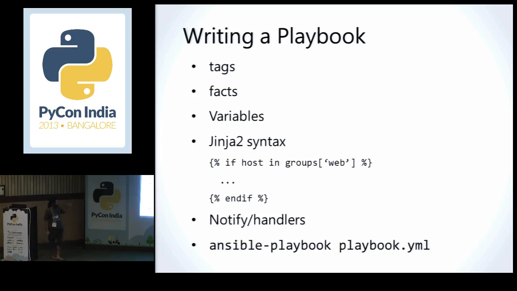Jinja 2 syntax is what you could use to replace your variables inside your template files, and you can notify handlers. I think it's better explained with an example, which I'll do a little later. Last one is the command to run your playbook when you want to execute it.